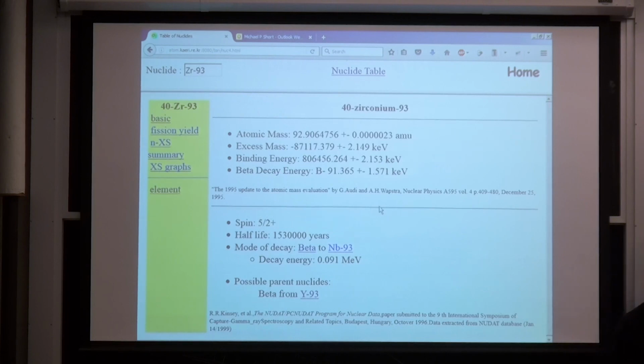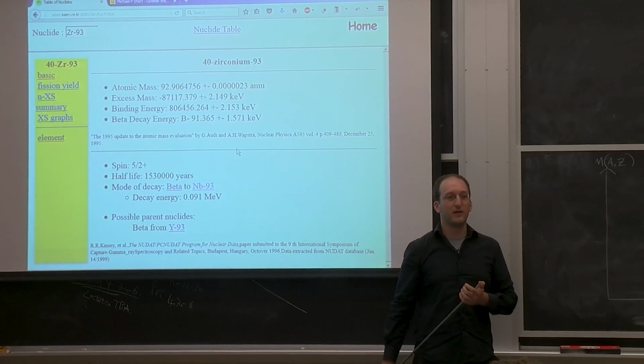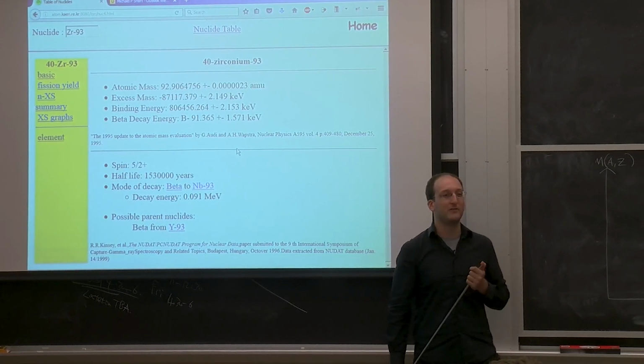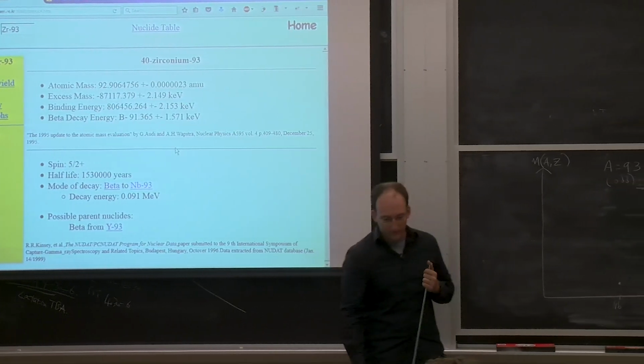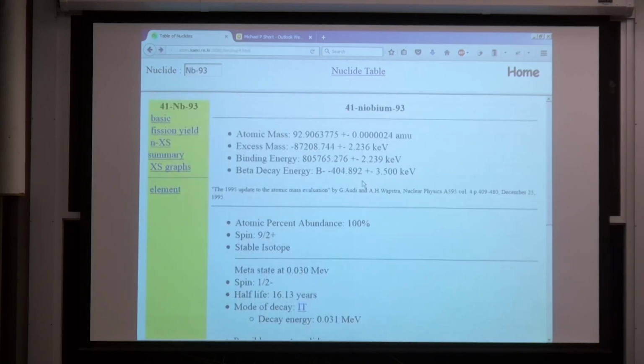Zirconium-93 ostensibly has a very similar atomic mass. But if you remember that 93 AMU is a rather poor approximation for the actual mass of all nuclei with A equals 93. In fact, if you look very closely at the atomic masses, zirconium-93 is 92.90. Niobium-93, well, it looks like we have to go all the way to another digit there, 92.906.